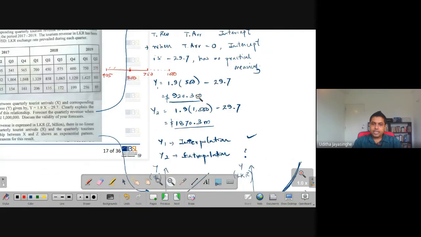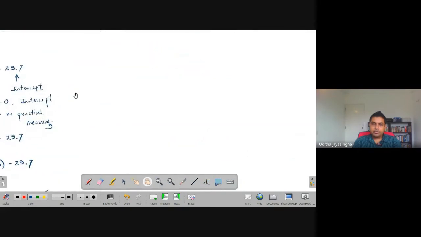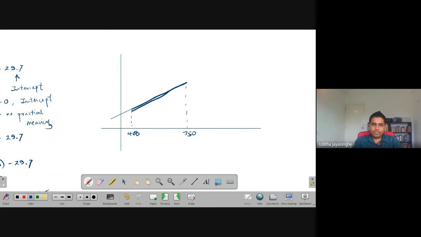Why is that? If you typically do a casual drawing, something like this, you have the y-axis, then the x-axis, then you have this nice explanation for this range of 400 to 750. You define this particular line.